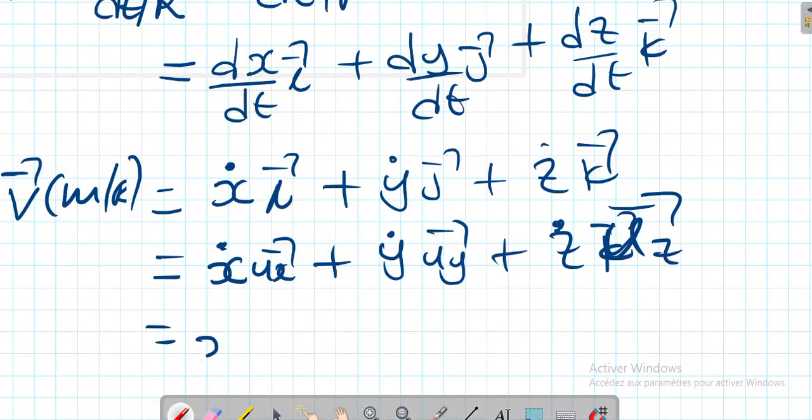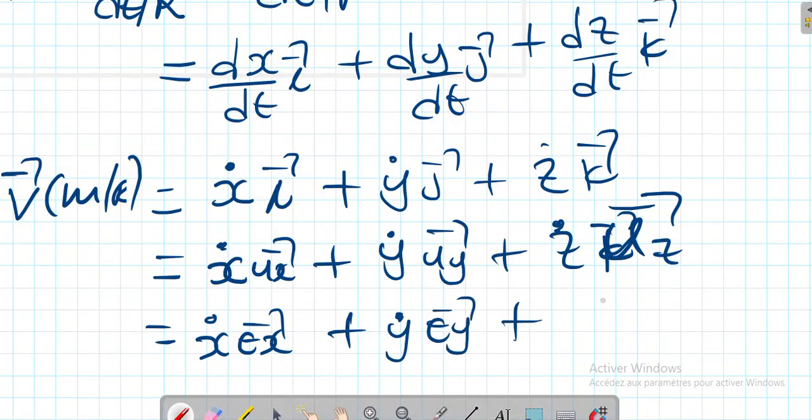Or some people use x point ex plus y point ey plus z point ez. As simple as this. This is how you find the vector vitesse in Cartesian.